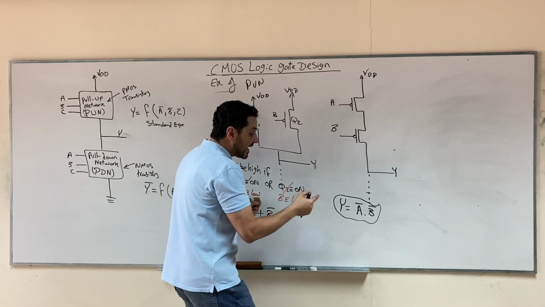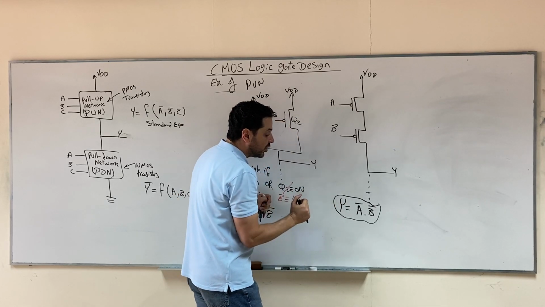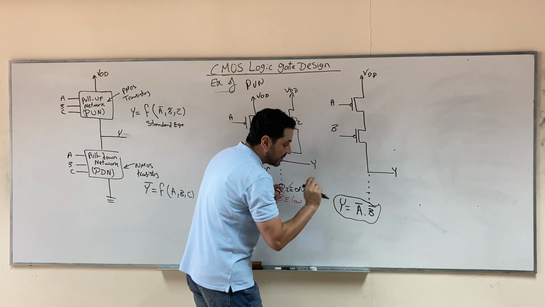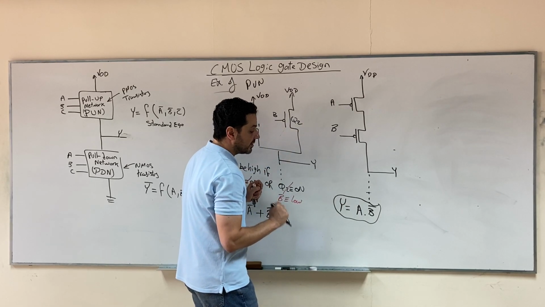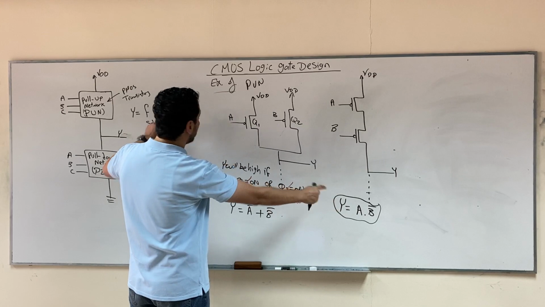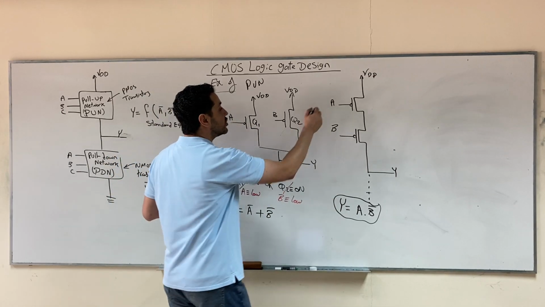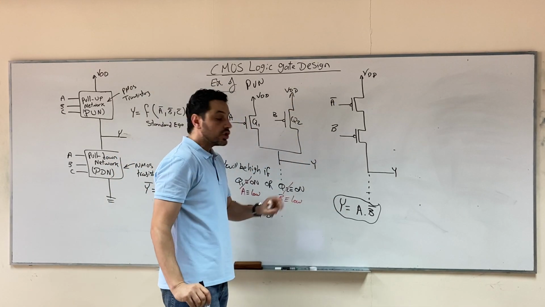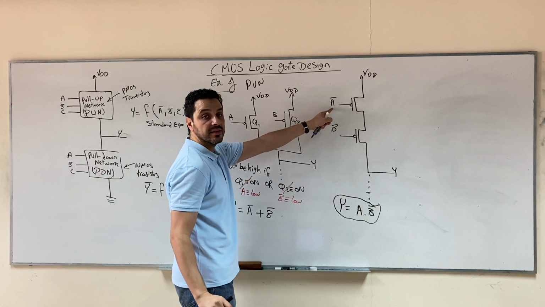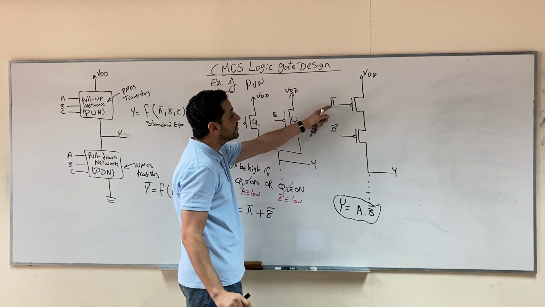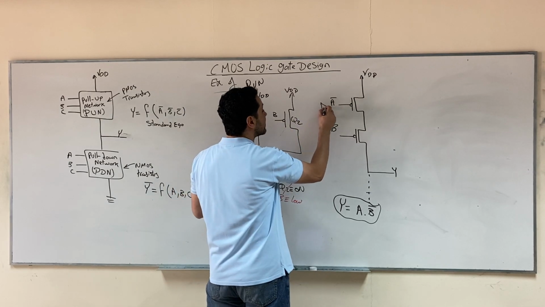Later we'll see that if it happens that one of the variables doesn't follow the standard equation, for example, if A here is not with bar, so here A doesn't follow the standard equation, right? In this case, you have to invert it here. So any variable that doesn't follow the standard equation, you have to invert it on the figure, which means you have to use an inverter before it.